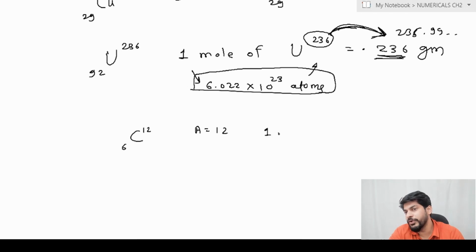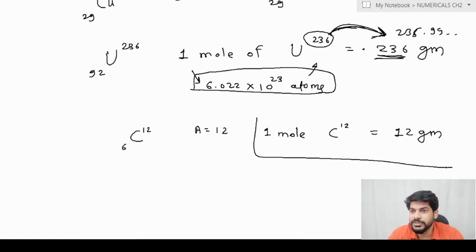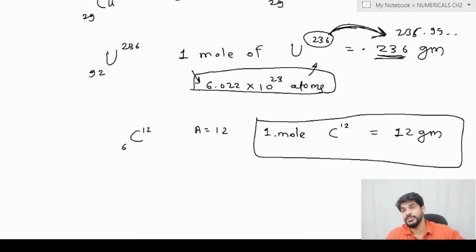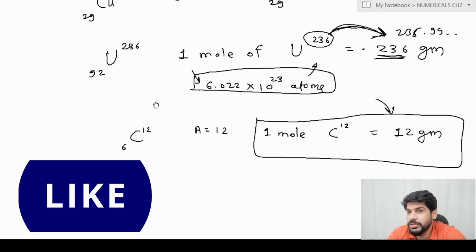So 1 mole of carbon-12 is exactly equal to 12 gram. This carbon-12 is used as a reference for us. So this is the only element with an exact value. Otherwise, all others are not exactly equal to the mass number in grams.